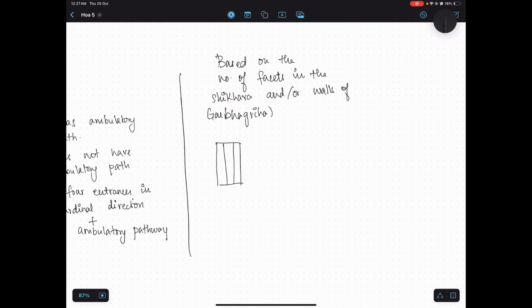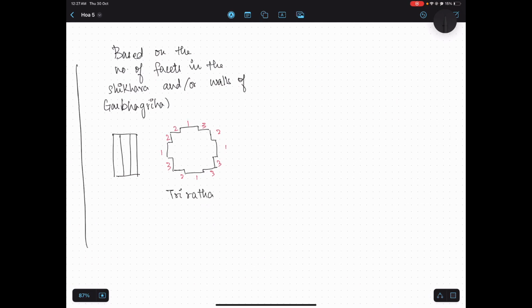So for example, say this side is divided into 3, this side is divided now into 3, this is divided into 3, and this is divided into 3. So you have 1, 2, 3, 1, 2, 3, 1, 2, 3, 1, 2, 3. So this is 3 ratha. In case it is divided into 5 segments, it's called Pancharatha.